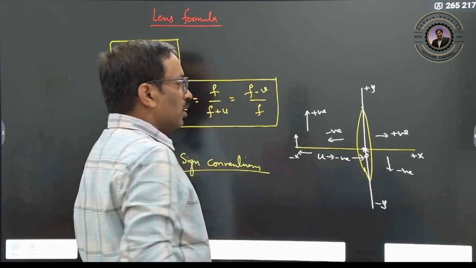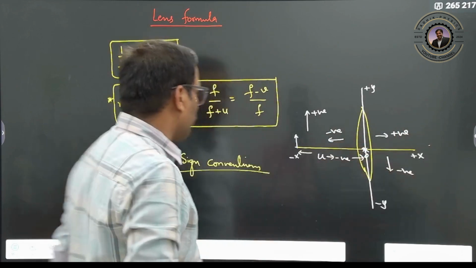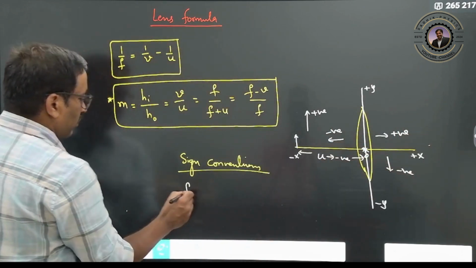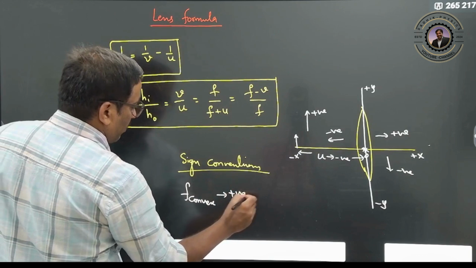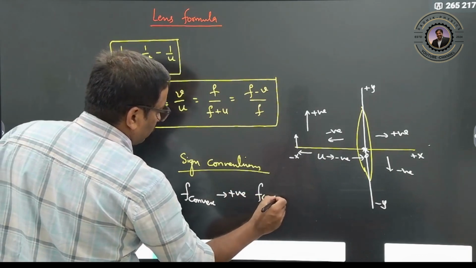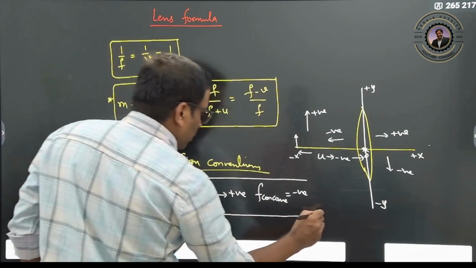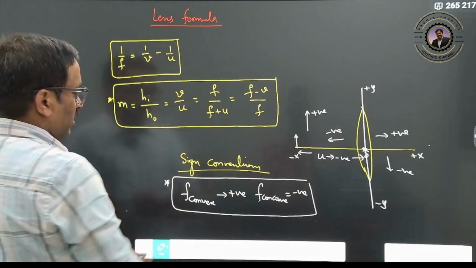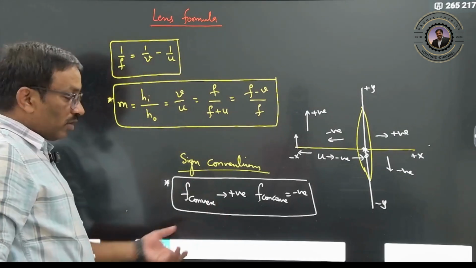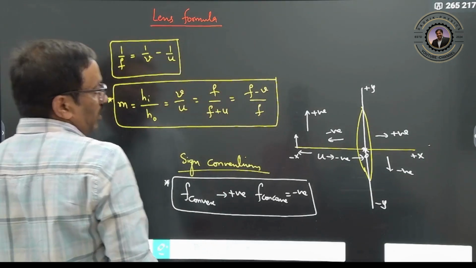You understand, the focal length of this lens is formed toward this side. So for a convex lens the focal length is positive, for a concave lens it is negative, clear. Object distance, in most cases you can take as negative, and image distance we have to see as per the condition, clear.